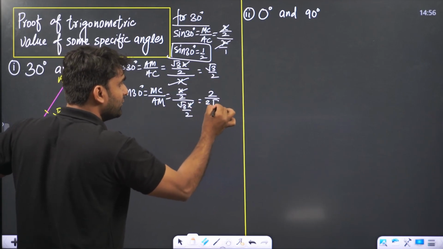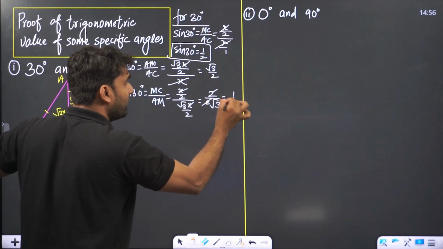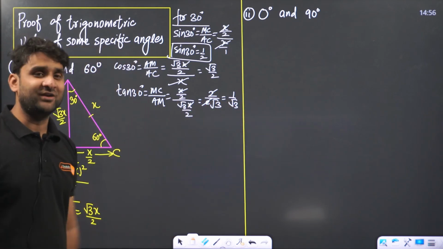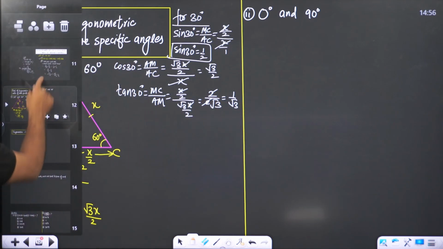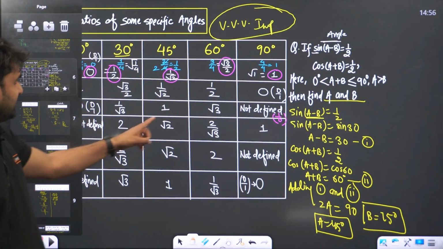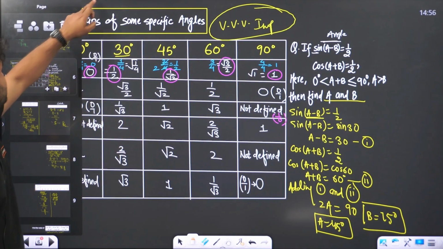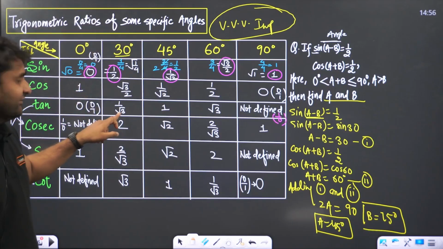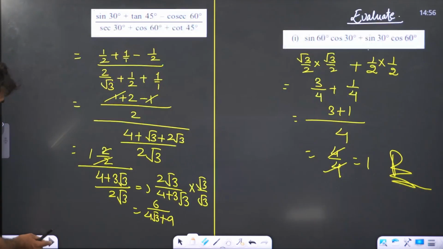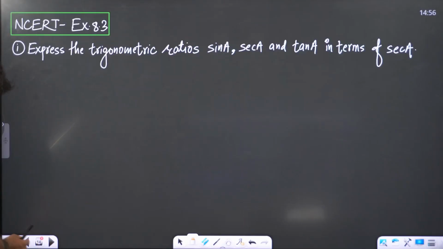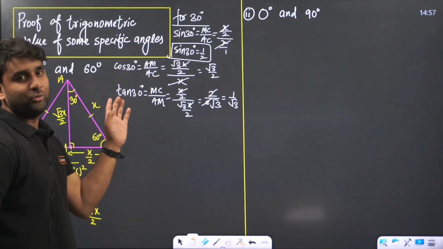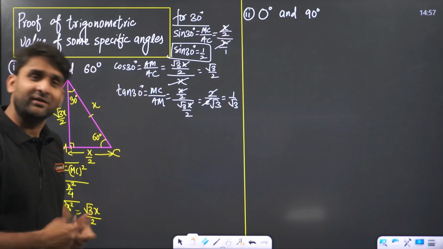So 2 cancels. Oh my god, 1 by root 3. And what is the value of tan 30 degree? Let me show you here in the table. Tan 30 degree, 1 by root 3. Wow, this is absolutely correct, guys. So this is the beauty. Okay everyone, once you have done the 3 trigonometric functions, the other 3 will be reciprocal ratios.